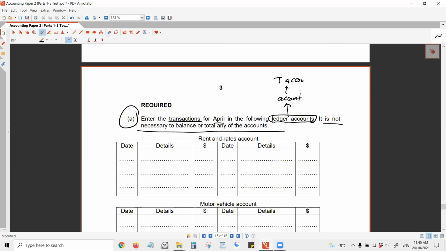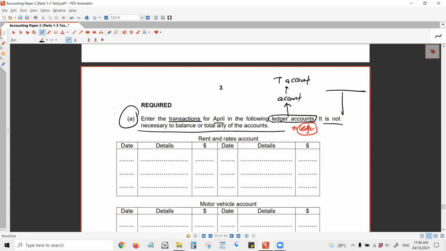These three are synonyms to one another, meaning the T shape. But never call the T shape as ledger. The single word ledger is the book, not the T account. Something to remember from your part 3: ledger is the book that contains all the T accounts, but T accounts are known as account or ledger account, or you call it T account.